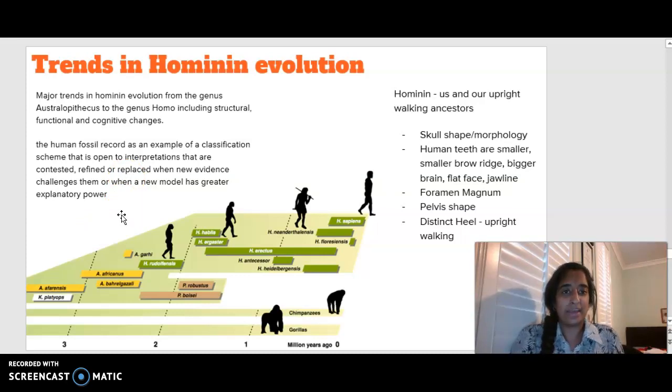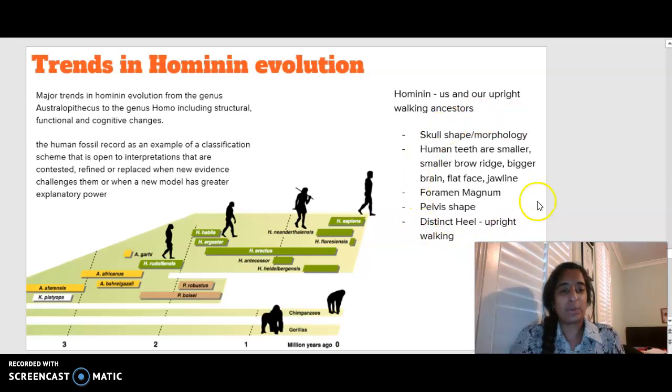When we're looking at trends in hominin evolution, hominins are us as we know it, and our upright walking ancestors, so those that walked on 2 feet or were bipedal.